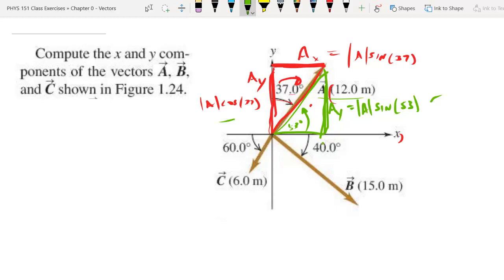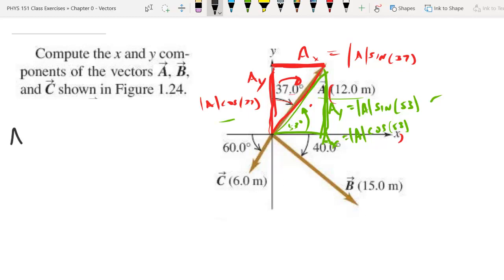For AX, we would have the magnitude of A times the cosine of 53. Any way that you want to solve that is perfectly fine. You're just solving triangles here, so you can solve it any way that is most comfortable to you, or solve it multiple ways and make sure they're the same.